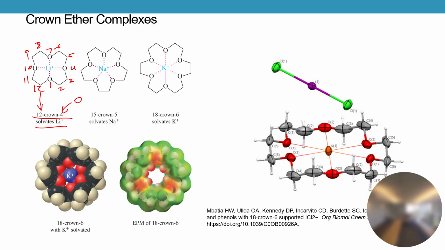Here's an example of myself using 18-crown-6 to solvate a potassium. So that's a crystal structure there. Okay, so do plan on being able to name your 18-crown-6s or any crown: total number of atoms, dash, the word crown, dash, the number of oxygens.